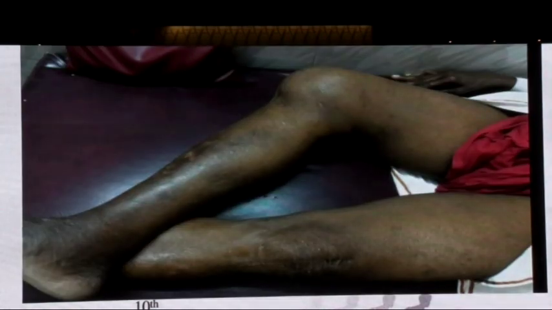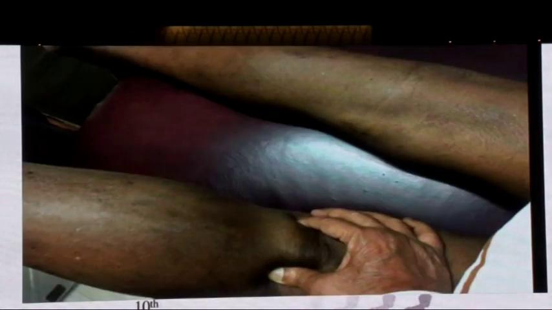His disability becomes apparent when he tries to put his knee in the figure of 4 position. And you hear and feel a clunk. Now this is the posterior aspect of the knee where you can palpate a bony prominence on the right side.